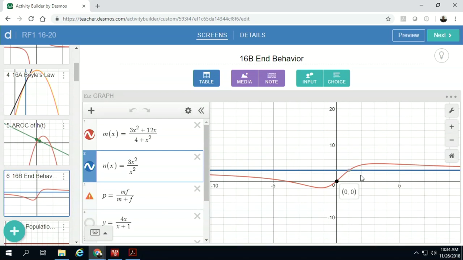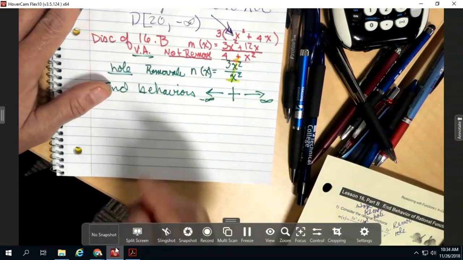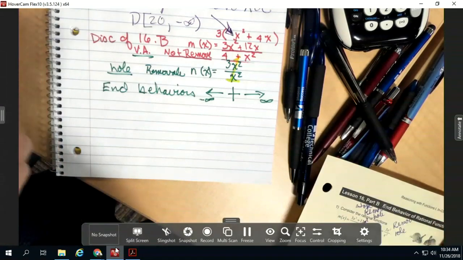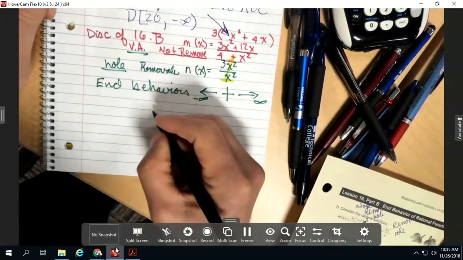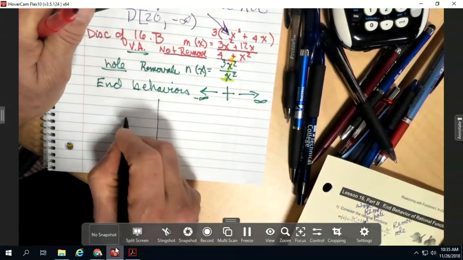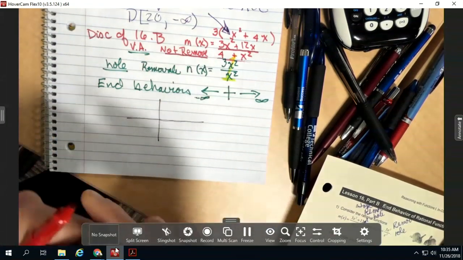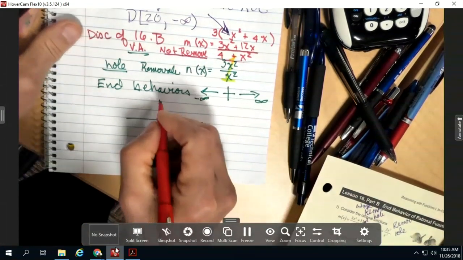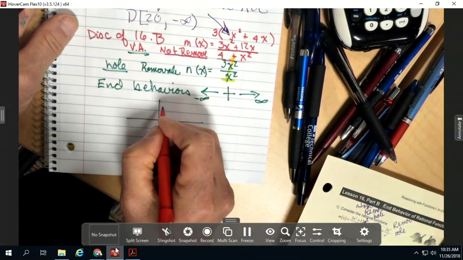So let's graph those two on our paper. So the red one, notice in both cases, we were around 3.